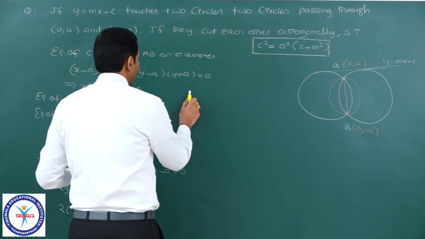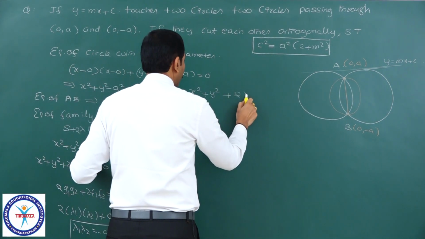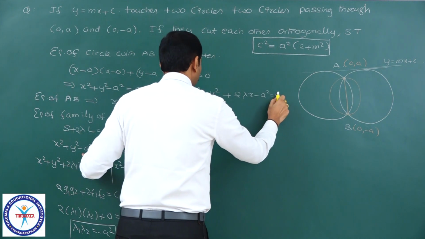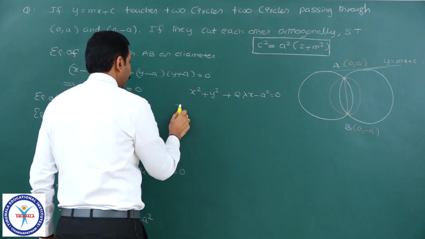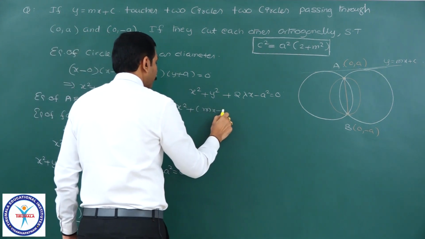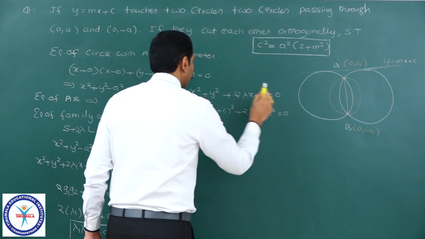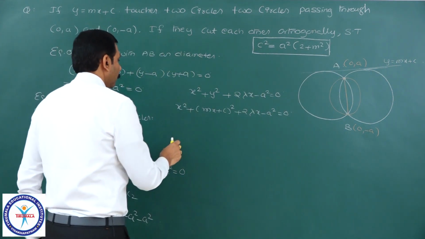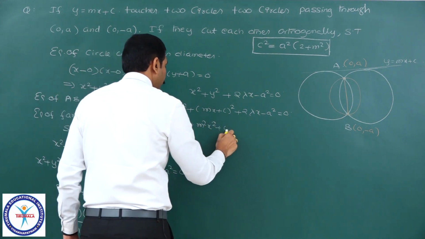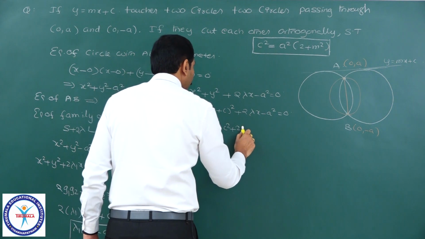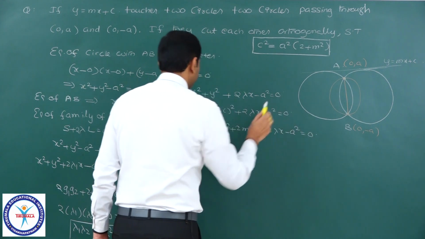What is the circle equation? x square plus y square plus 2 lambda x minus a square equal to 0. I will substitute y equal to mx plus c: x square plus mx plus c whole square plus 2 lambda x minus a square equal to 0. If I expand it, x square plus m square x square plus c square plus 2mcx plus 2 lambda x minus a square equal to 0.